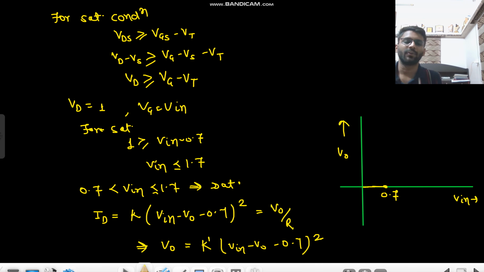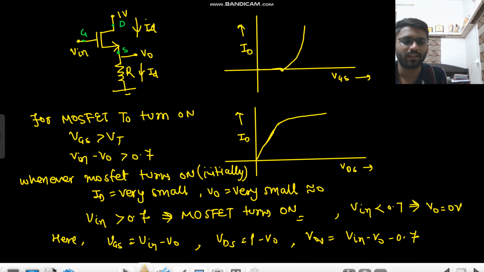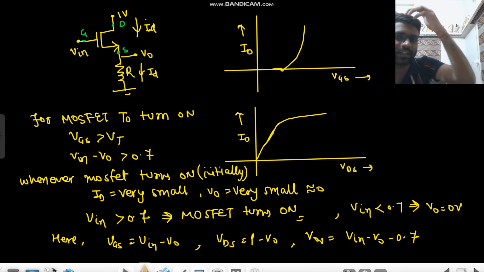After that it goes into the saturation region, so the current increases, but not linearly; it will increase less than linearly. Why? As you increase V in, your VGS will increase, so the current will increase, and that's why your output will also increase.